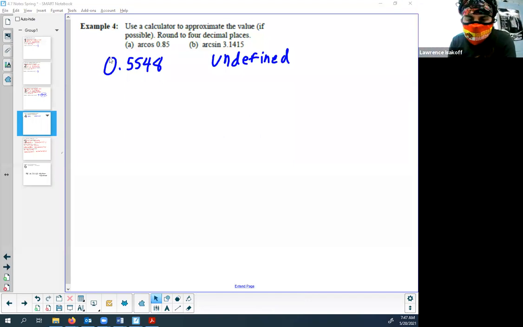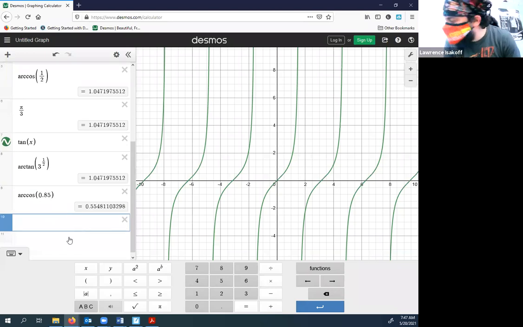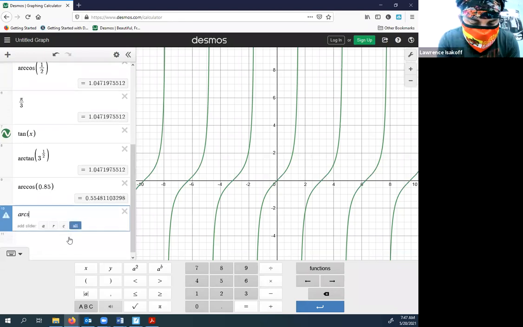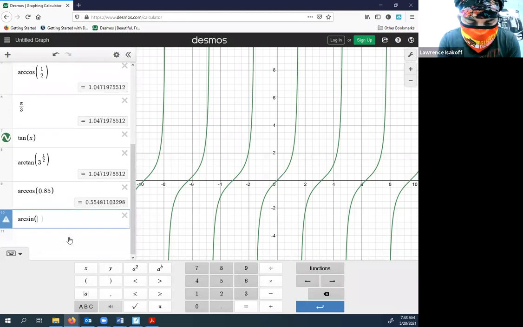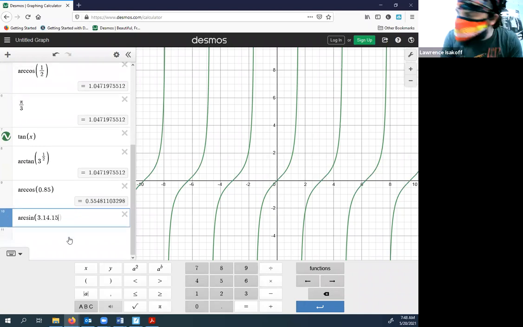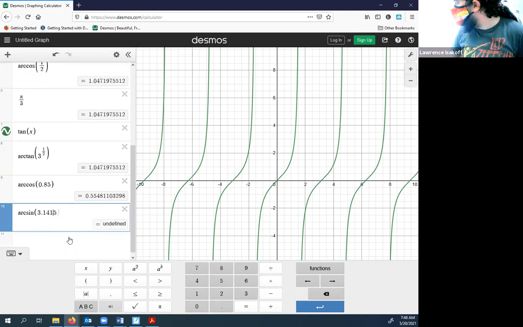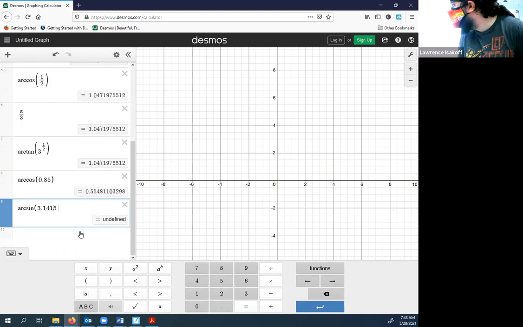However, let's confirm that with Desmos. If I do the arc sine of 3.1415, it tells me that it's undefined, because again, we can actually look at these graphs. Let me turn off the graph of tangent.